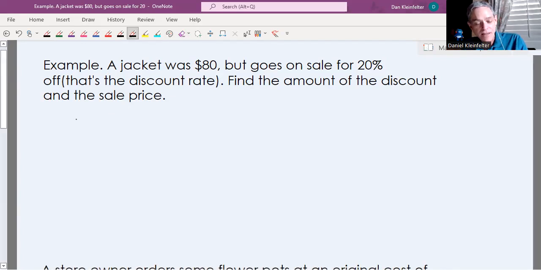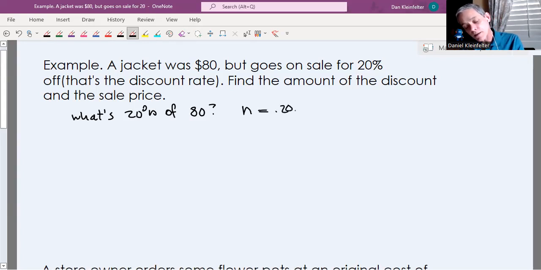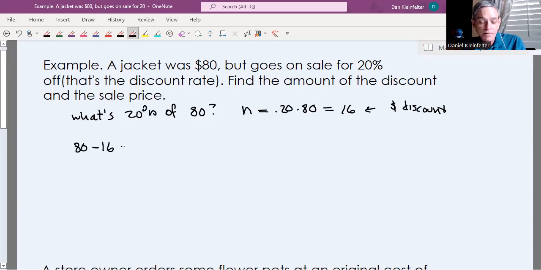We need to ask ourselves, what is 20% of 80? 20% of 80 will be 16. That's the dollar amount of discount you are saving. And then the sale price will be the 80 minus the 16. So that is $64, the sale price.